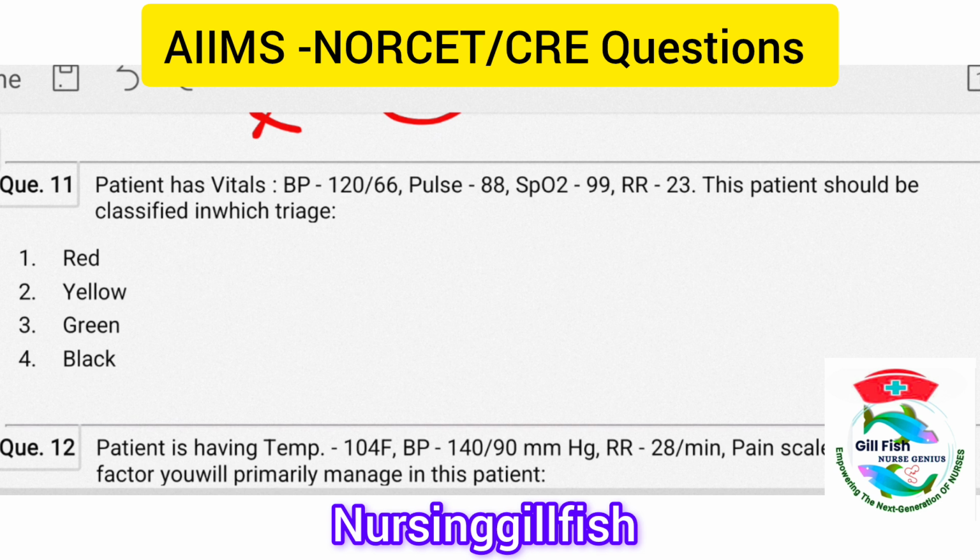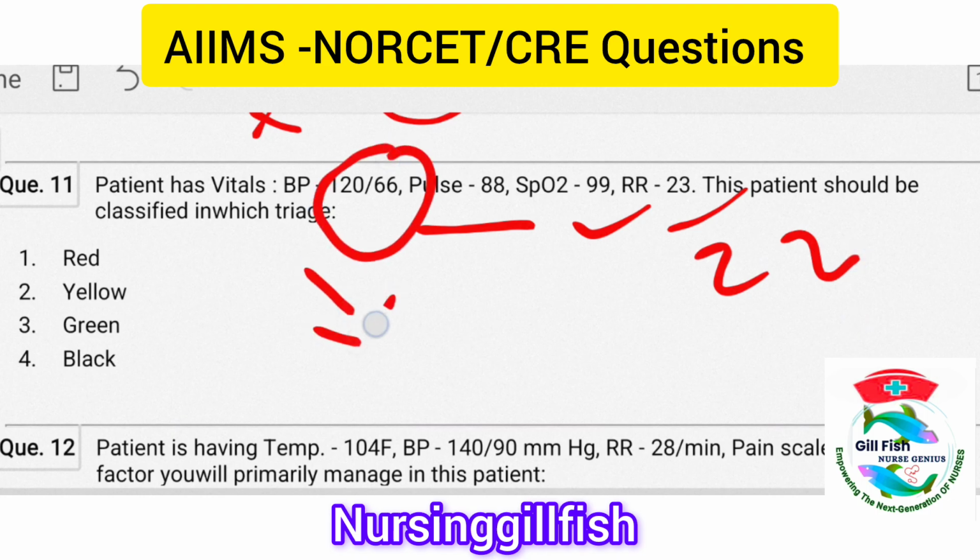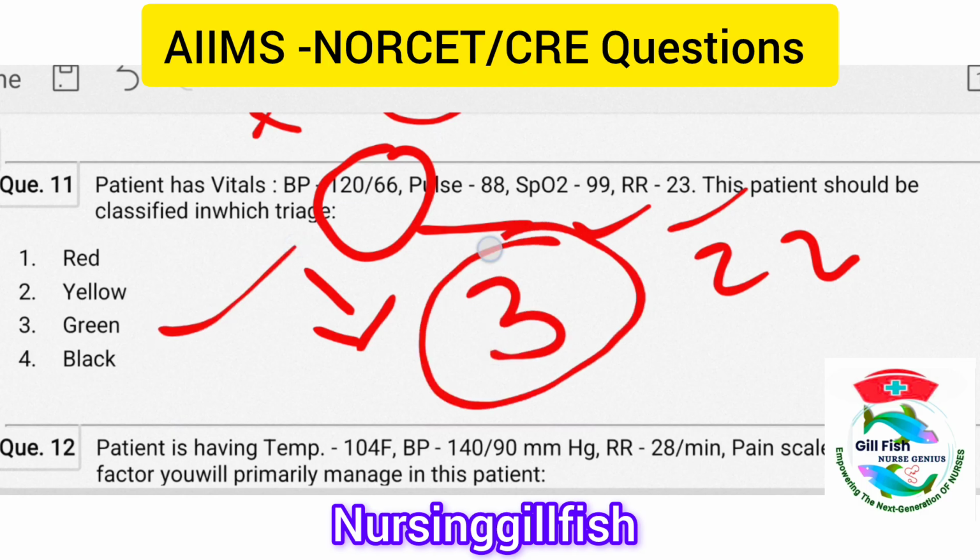Actually, the pulse and SpO2 are normal, the respiratory rate is only slightly raised, and only the BP shows some variation. There is no priority for this patient. It is not red. It is green, because green indicates everything is nearly normal and only minor care is needed. So option 3 will be the correct answer.